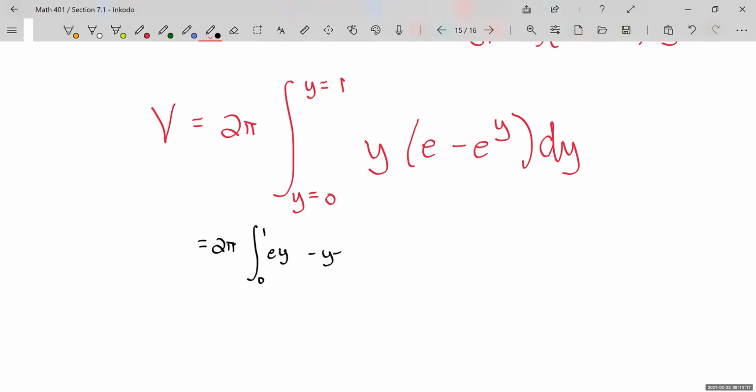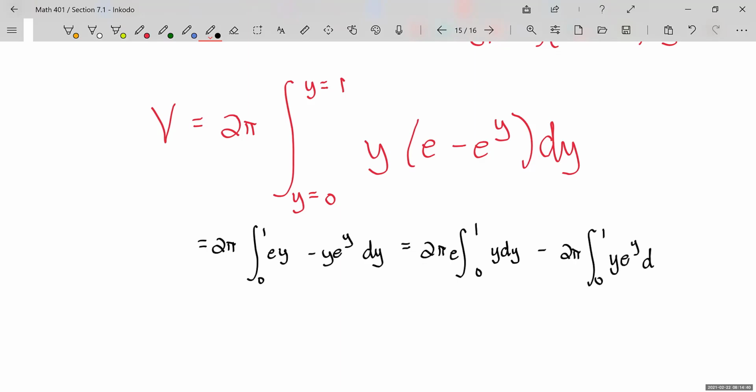Minus y e to the y dy. Again, e is a constant. Don't let that fool you. That's generally a point of confusion for people. 2 pi e, integral from 0 to 1 of y dy, minus 2 pi, integral from 0 to 1 of y e to the y dy.